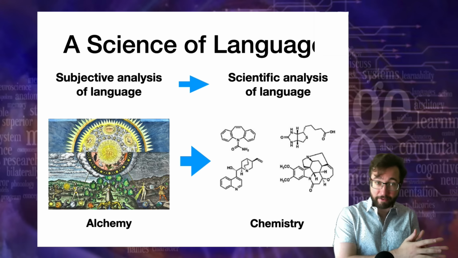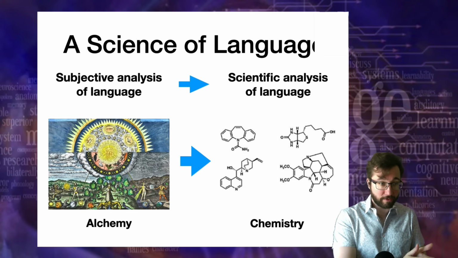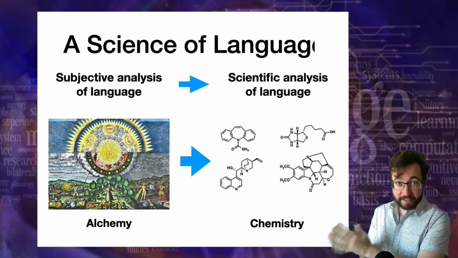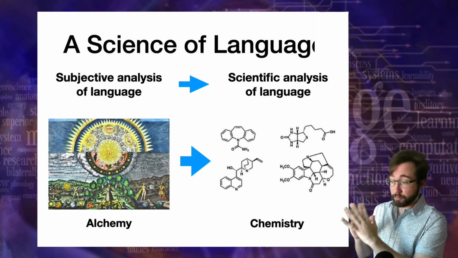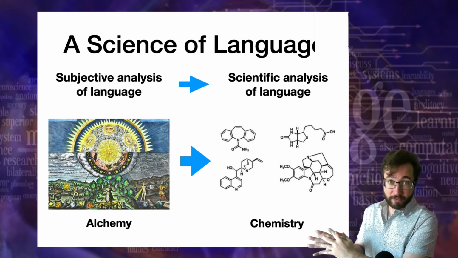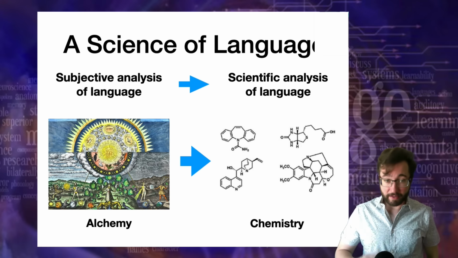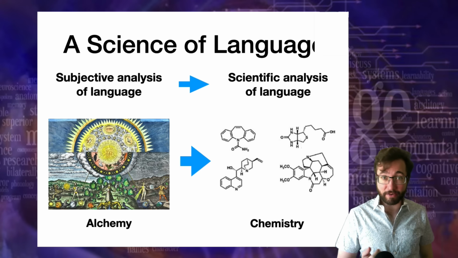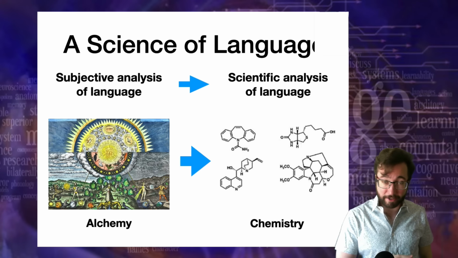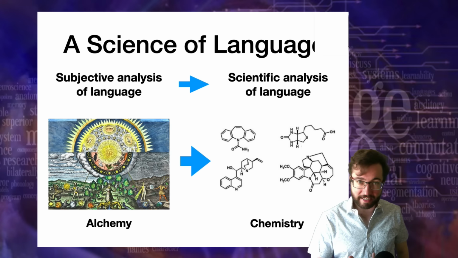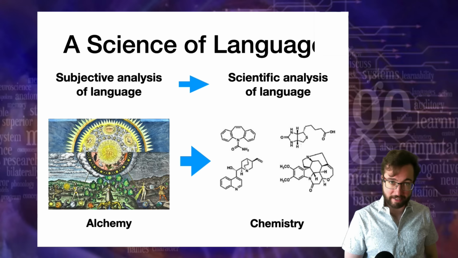It went from being a more opaque, hard to understand system, kind of like how language might be to you now, to something which is very systematic, involves a lot of diagrams, and involves a lot of problems that look a lot like math problems, and enables you to make specific quantitative predictions. So once you have chemistry, then you can do a lot more than you could do when you only had alchemy. Similarly, we're going to be transmuting your subjective understanding of language in this class into a scientific understanding that looks a lot more like chemistry than like alchemy.